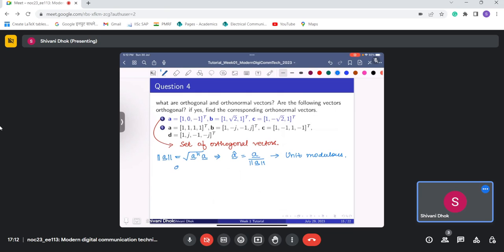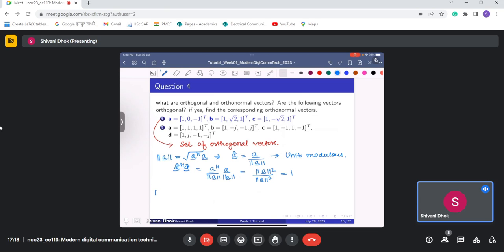How? a hat Hermitian a hat will be equal to a Hermitian upon norm a into a upon norm a, which is norm a square upon norm a square, which is equal to 1. So if I generate unit vectors like this, then I'll get an orthonormal set.